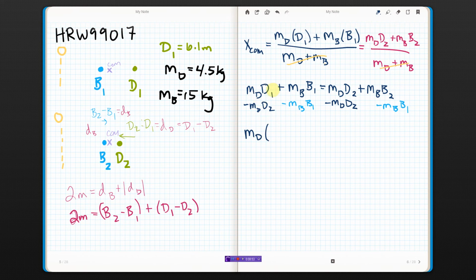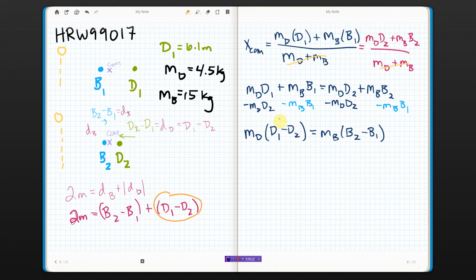Then what I have is a d1 minus a d2. On this side, MB is the common thing, and I've got a positive b2 and then a minus b1. Well, see, this looks an awful lot like this.